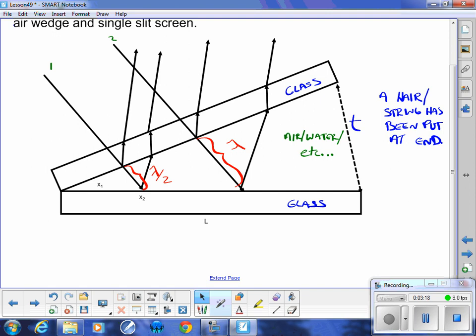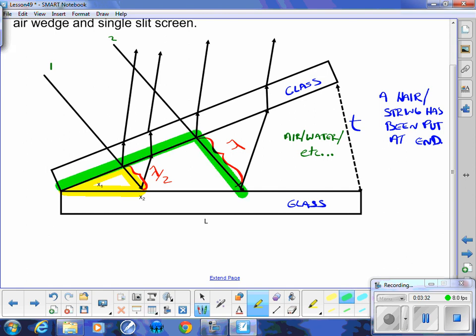What we end up with is two similar triangles: triangle number 1, in yellow, and triangle number 2, which I'll put in green. Here are my two triangles, and they're both similar triangles.